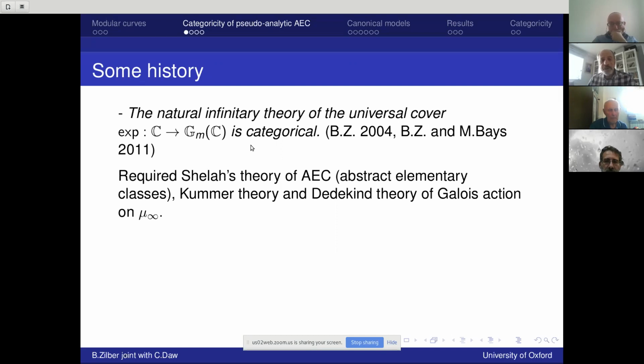And the first example that we considered was this one. So for the case when you have this algebraic torus, complex algebraic torus, the cover would be the whole complex plane, and the covering map is the classical exponentiation.